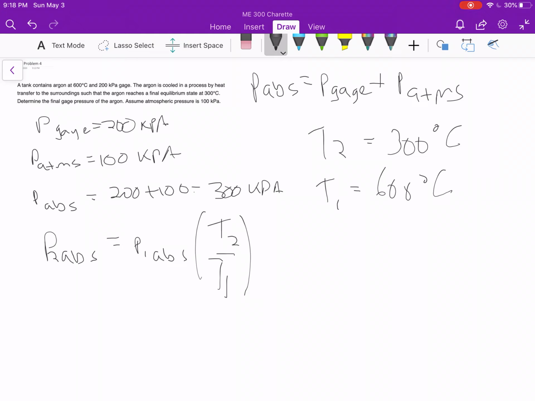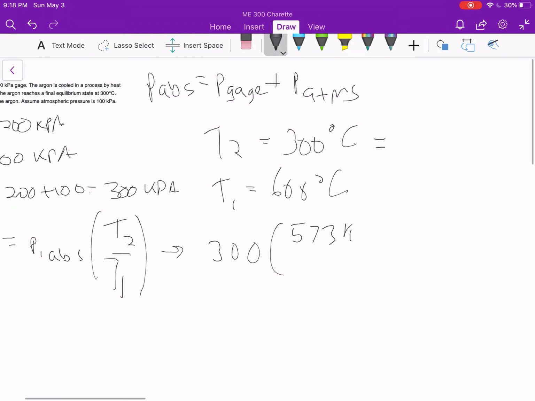So we know these variables. We can plug them all into our equation, and our absolute pressure P2 is going to equal 300 times 573 Kelvin. We actually have to change these to Kelvin. It's going to be 573 Kelvin over 873 Kelvin because we're working with the ideal gas law.